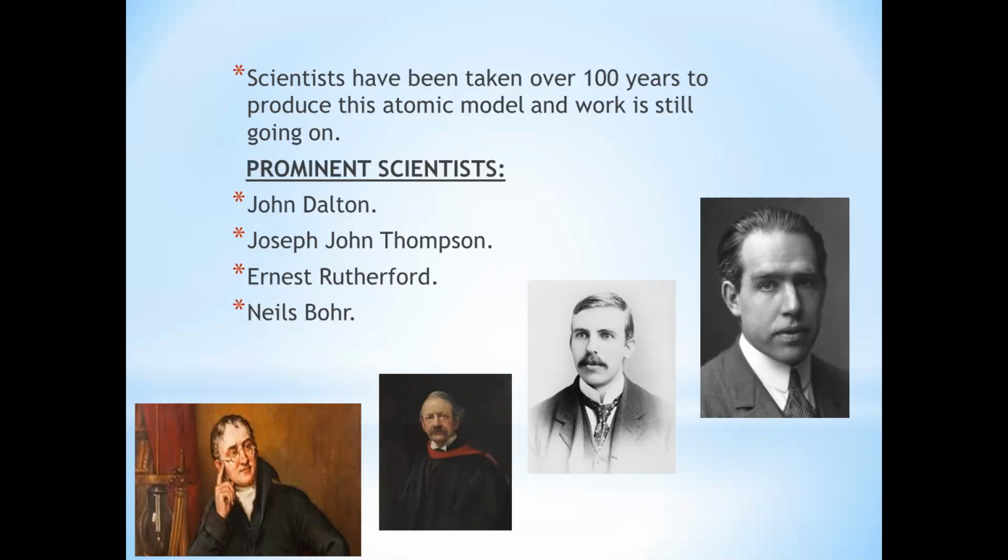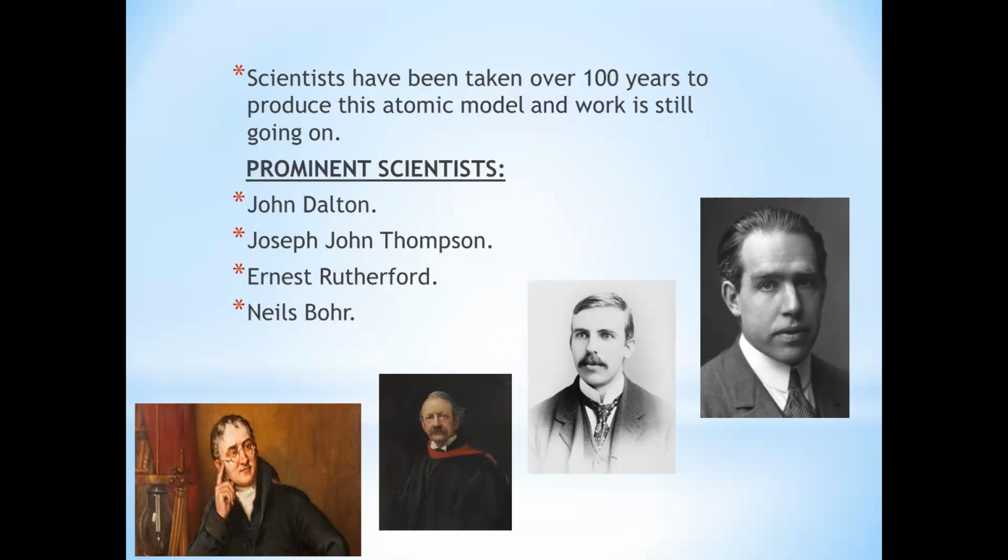Next scientist who worked a lot on the discovery of the atom was Joseph John Thomson. J.J. Thomson had the idea that there were particles even smaller than the atoms. He used a cathode ray tube. Thomson discovered the existence of a subatomic particle that is called the electron.